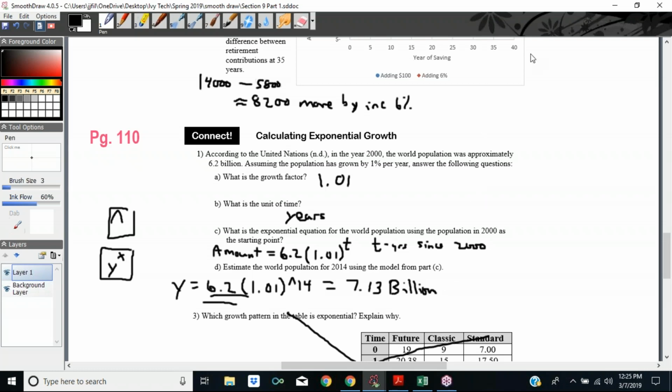So take a moment, make sure you can do that in your calculator. Okay, so are there any questions so far?